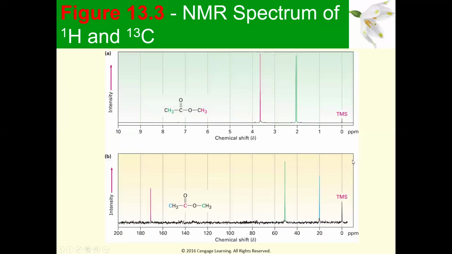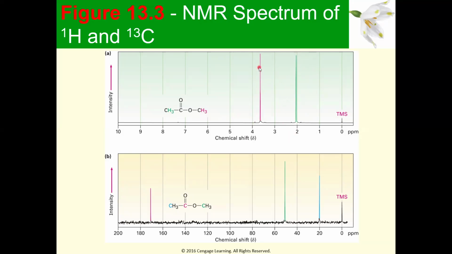Okay, so here's just a couple example NMR spectra. The top one is for the hydrogen, the proton, okay, and then the lower one is for carbon. So let me just point out a couple things. As you can see, we've got some color coding here. The green hydrogens, the CH3 right here, those hydrogens are generating this green peak right here in the proton NMR spectrum.